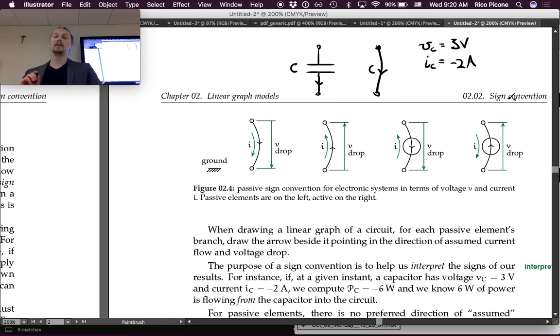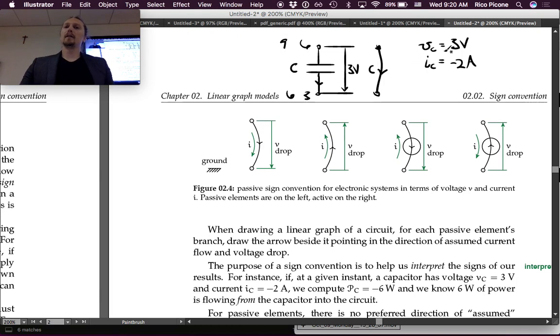That would mean that the voltage drop from this side here down to this side here is 3 volts. So this could be like 6 and this could be 3, or this could be 9 and this could be 6, as long as the drop across it is 3.